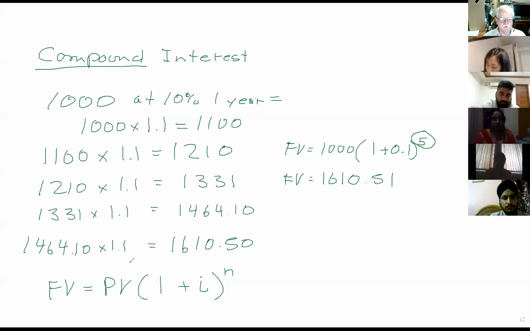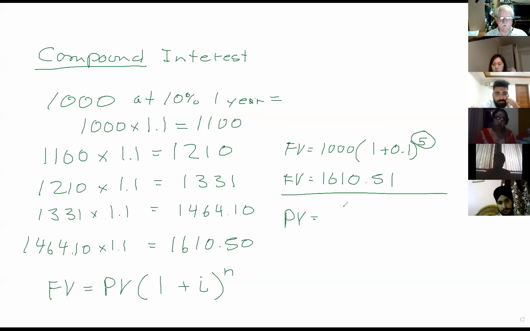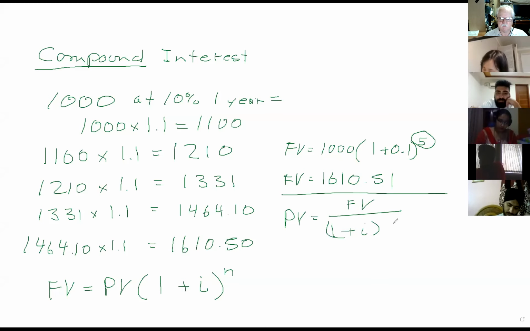So in a nutshell, that's the formula we're using. And they're going to get us to do other things with it. They're going to get us to solve for present value equals future value over 1 plus I to the power of n. So that's where we're going today.